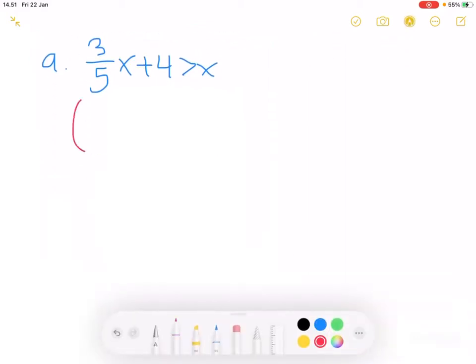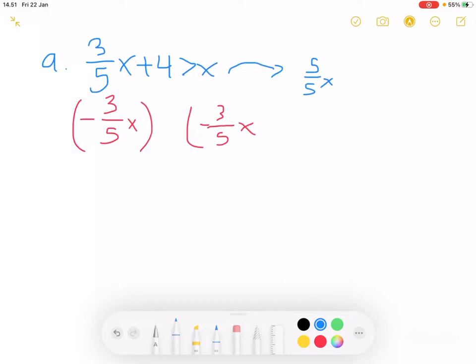So first we can just subtract 3 over 5x on both sides. And then we can just look at x as 5 over 5x. Now this is just the same. And we can make things way easier to calculate with this expression subtracted by this expression. So notice that this and this will cancel, leaving us with a 4 on the left hand side.